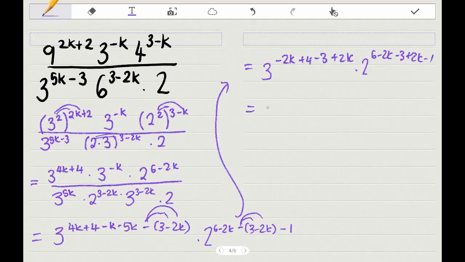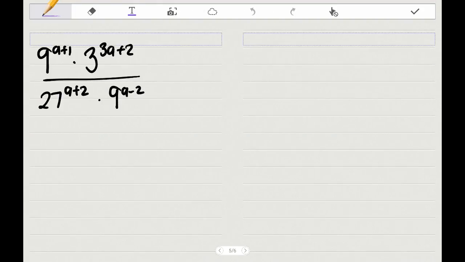So this here, we're going to say is 3 minus 2k plus 2k, they cancel. And then we're going to have 4 minus 3, which is 1. And again, we have minus 2k and 2k, they cancel. We have 6 minus 3 minus 1, which is just 2. So this here is just 3 times 4, which we can write as 12.